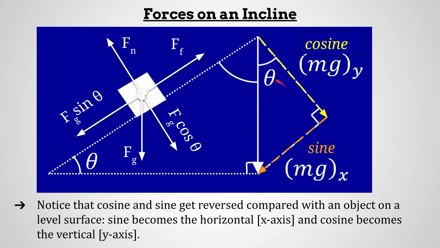When we do the trigonometry, finding this leg with the yellow arrow, you end up needing cosine. Back on our box sitting on the incline, the yellow arrow pointing that way is equivalent to this arrow, so we must also use cosine for that vector.